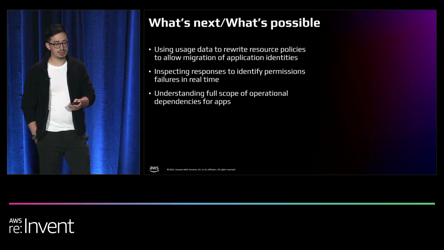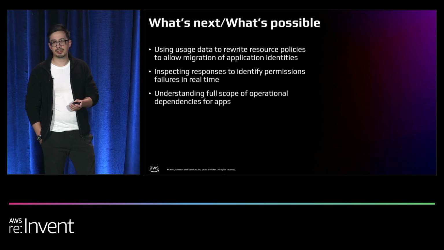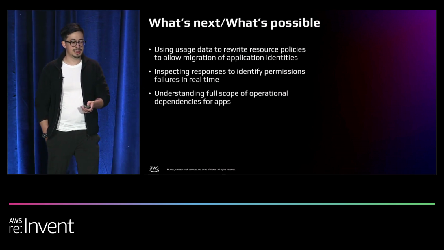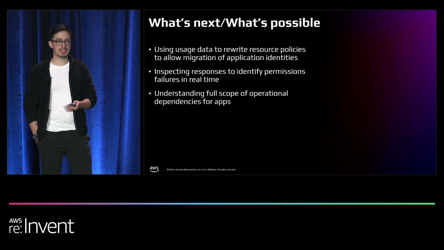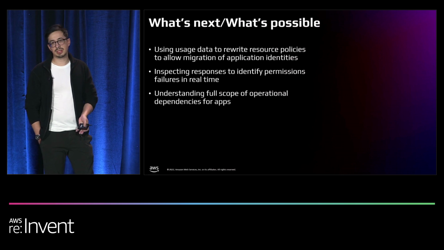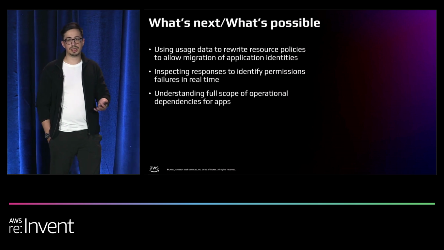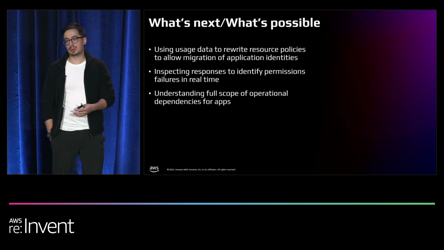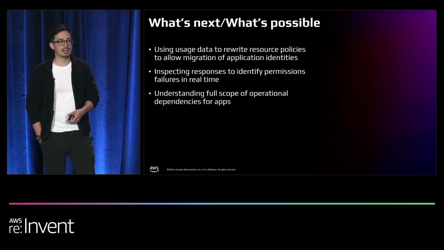The final piece is really understanding the full scope of operational dependencies of apps. This is something that has been difficult to understand before: if we were to do something to an S3 bucket or a queue or a topic, who might break, who might be affected, who's downstream of this.